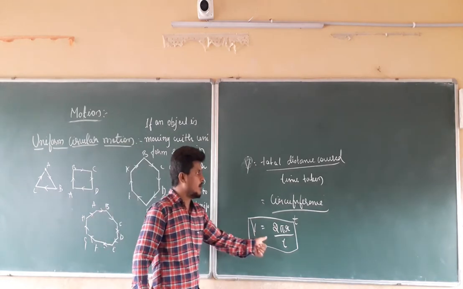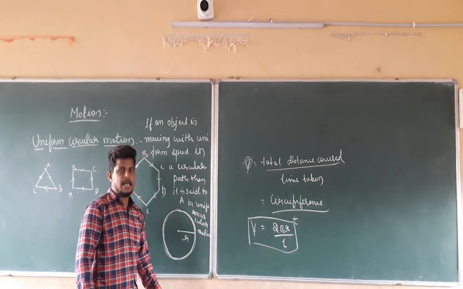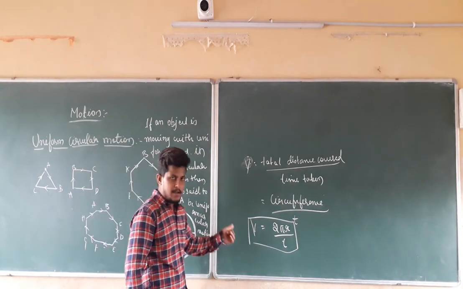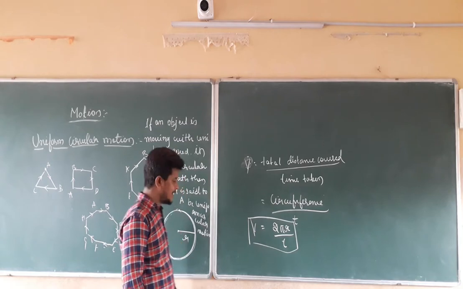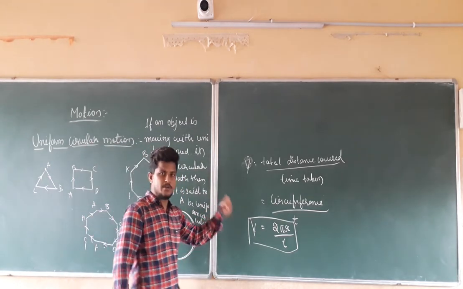By using this formula, we calculate the speed. To find the velocity, we have to take the initial position and the final position and calculate accordingly.